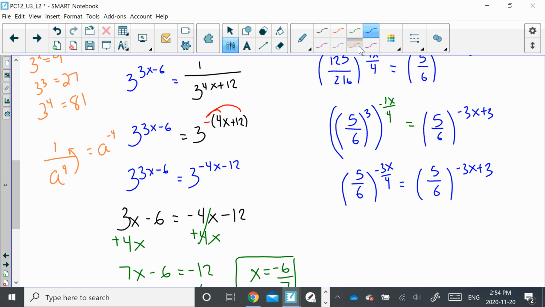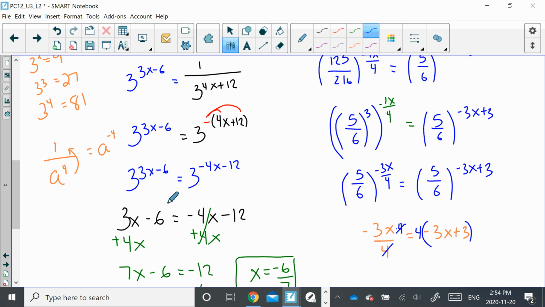Let's drop our bases. Negative 3x over 4 is equal to negative 3x plus 3. I need to isolate this x. It's x divided by 4. The opposite of dividing by 4 is multiplying both sides by 4.